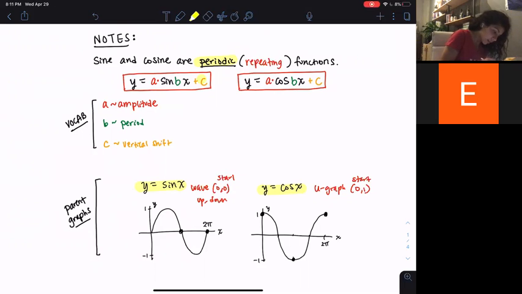So if you see a number that is being multiplied in front, our A, we call that our amplitude. And the definition of the amplitude is the height of the graph from the midline.